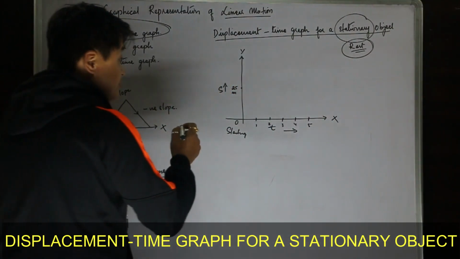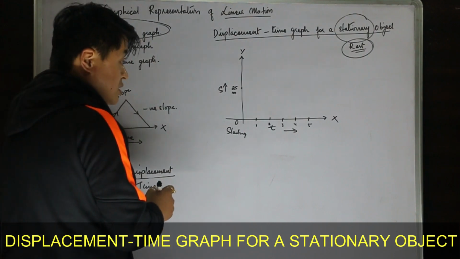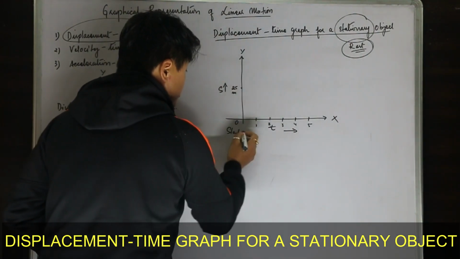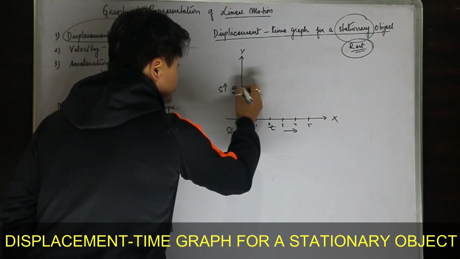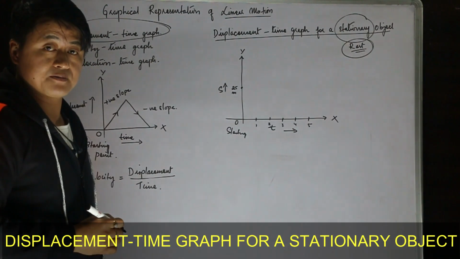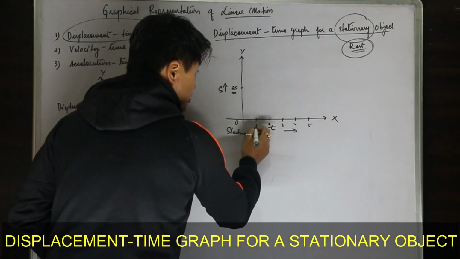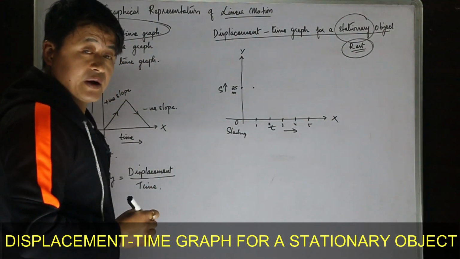Now the body is stationary, it is not moving at all. When the time is 0 seconds, the body will be at 25 meters. When the time is 1 second, at that time the body will still be at 25 meters.